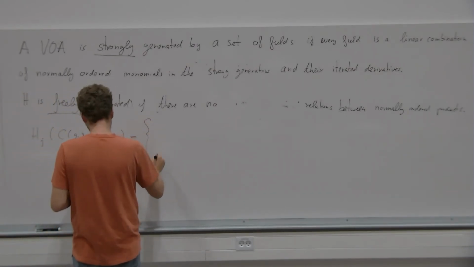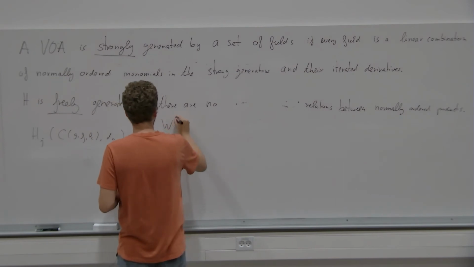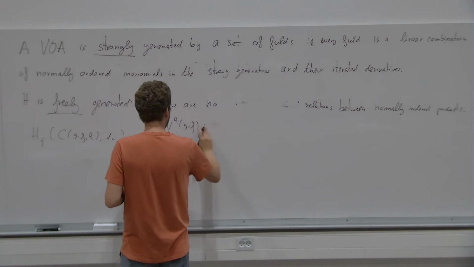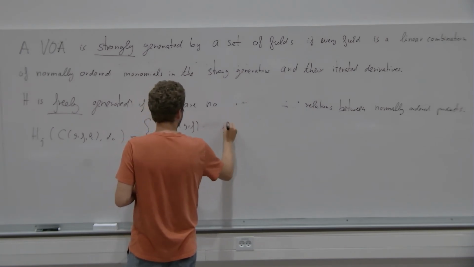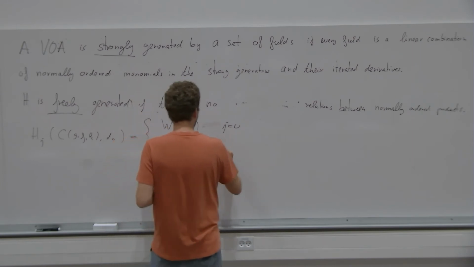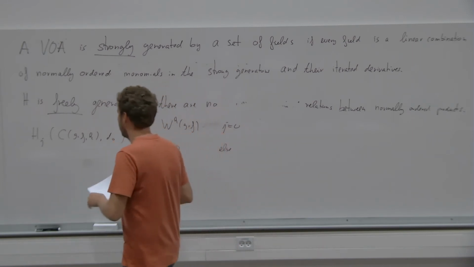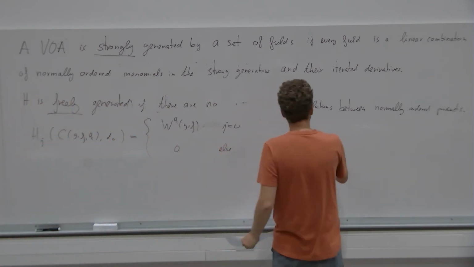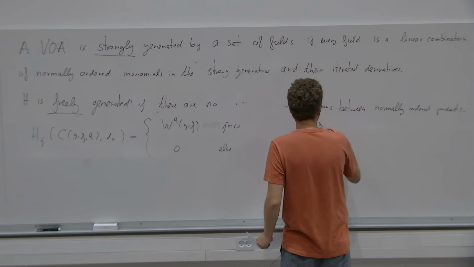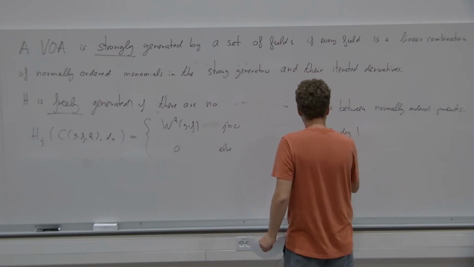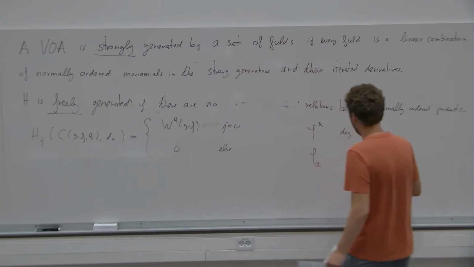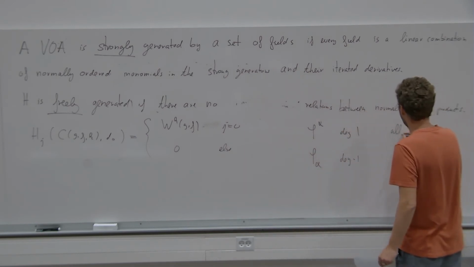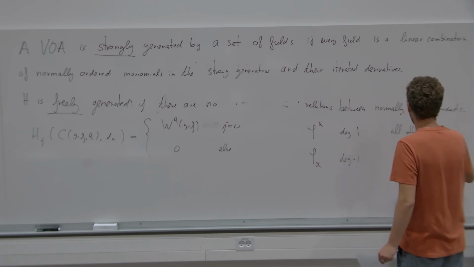And the complete homology is graded in a single degree, where we get an integer grading on this complex by assigning phi alpha degree 1, phi alpha with lowered index degree -1, and all others degree 0.